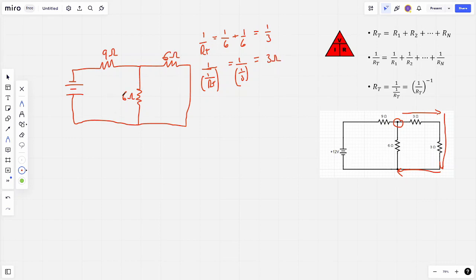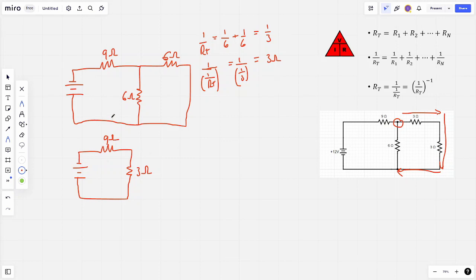So this 6 ohms, which is in parallel with this 6 ohms, is now equivalent to 3 ohms. So we can redraw the circuit as something like this. That's your 9 ohms, that's going to be our new 3 ohms, and then we've got our battery.